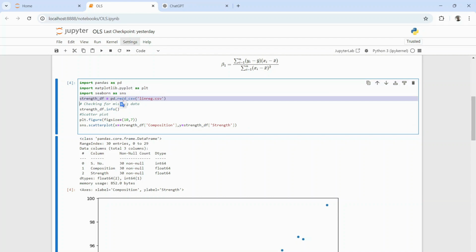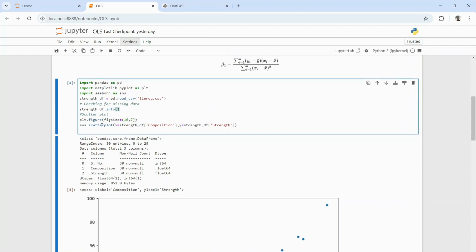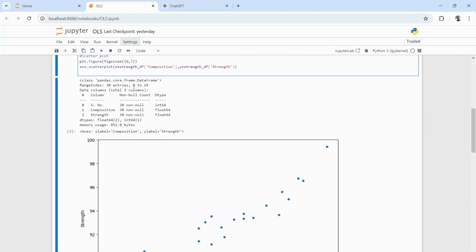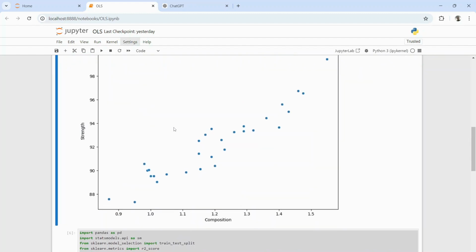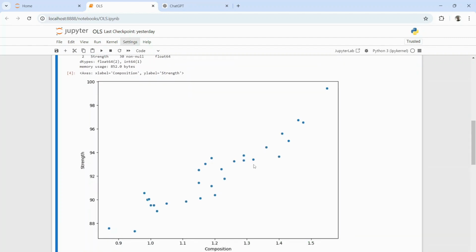Here we are loading this .csv file using pandas, and then using this line we display the information related to the data, and then we plot it using matplotlib. You can see we have two values over here. The x-axis is composition and the y-axis is strength.